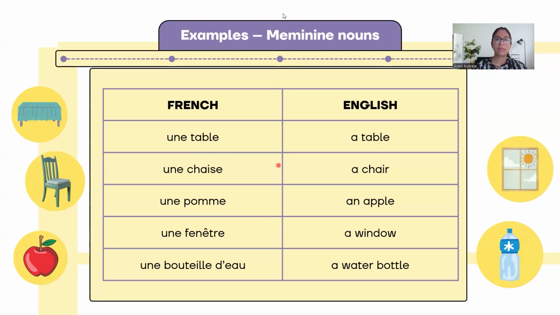Okay, so Camilla has written, how do we know if the word is masculine or feminine? I know this is tricky in the beginning to remember what's masculine, what's feminine, but I'll tell you a small trick today. While there are a lot of exceptions to the tricks that I'll be telling you, hear me out. Do you see all these words? These are all feminine nouns, right? You see all of them are ending with E here.